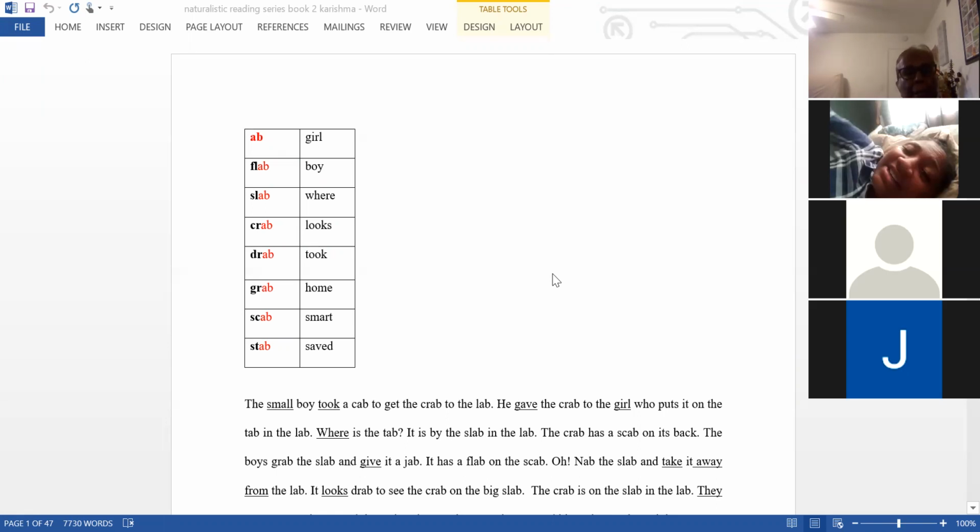So what I did here is introduce blends in book 2. So we have again ab, the same sound, but then you have fl and sl. You have to let your children know FL gives one sound, fl, SL gives one sound, sl, cr.